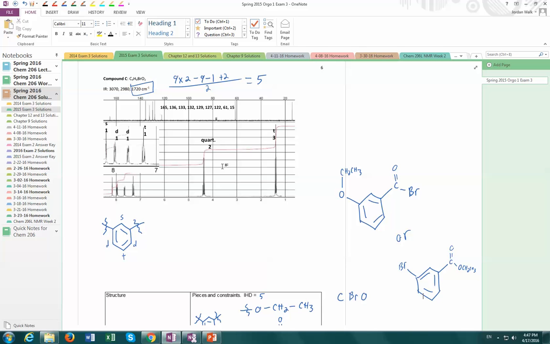You can tell right away when you look at your IR peaks that it's not an OH, because we just don't have an OH peak. And in order to have a CO2H, a carboxylic acid, do you also need an H NMR shift really low, like 10?